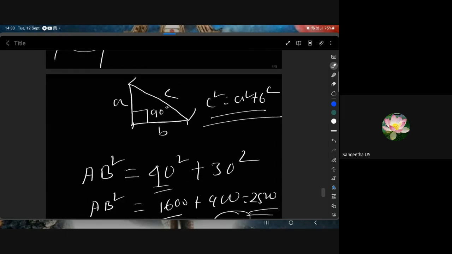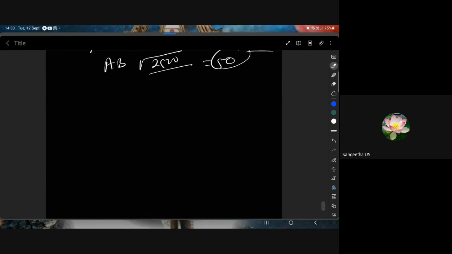Okay, another question. It was asked in the year 2017. A person walks 10 meter in front and 10 meter to the right.